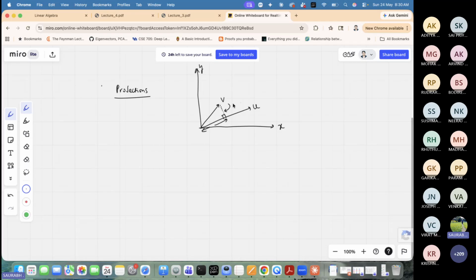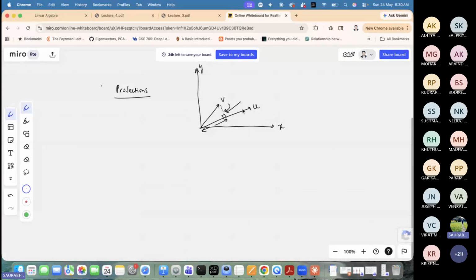Why do we say it's always perpendicular? Why are we only looking for a perpendicular angle from the tip of the first vector to the direction of the second vector?